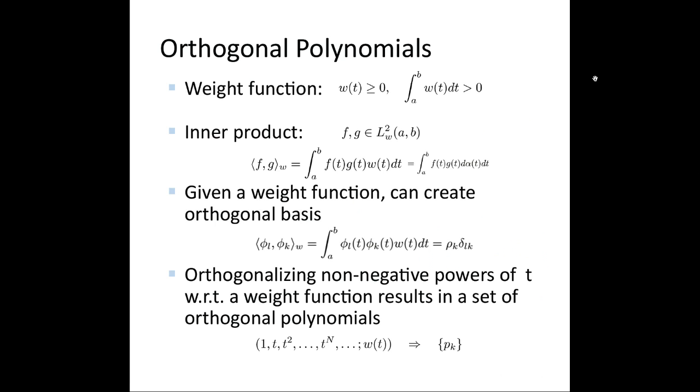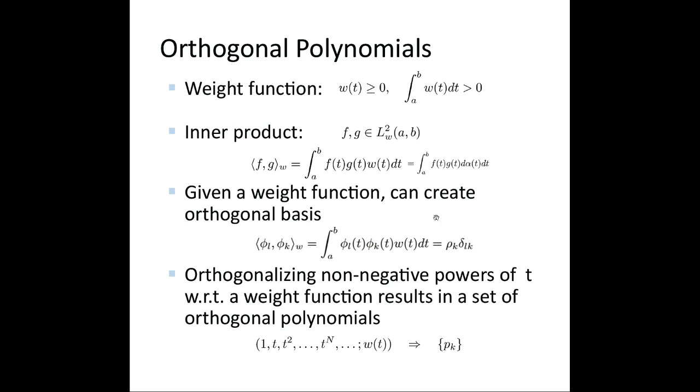Now, the scheme that we want to use is based on orthogonal polynomials. So given some weight function that's positive, whose integral is positive on the interval of interest, we can define an inner product of two functions, f and g, by integration of their product and the weighting function over an interval.